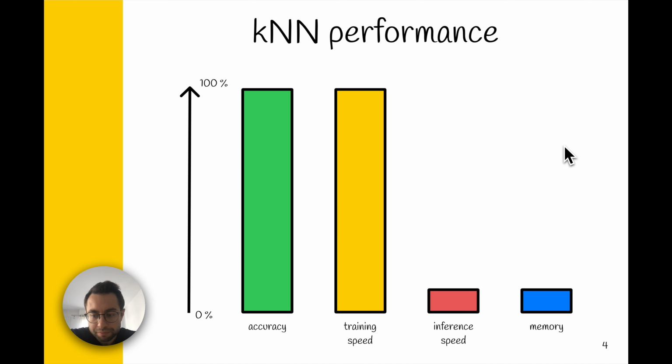Now this is a chart representing the performance of kNN from different viewpoints. First of all, we can see that it achieves always 100% of accuracy, which is completely logical. You iterate through all the possible options and you choose the best one. Then regarding this training speed column, you can see that it corresponds to 100% performance, which literally means that there is no training phase, and you don't need to spend any time for training kNN.